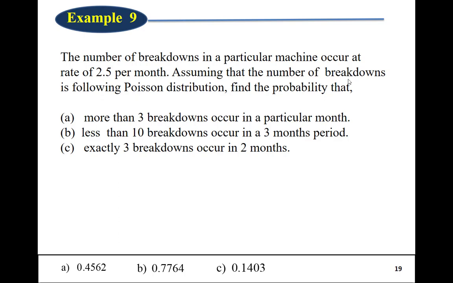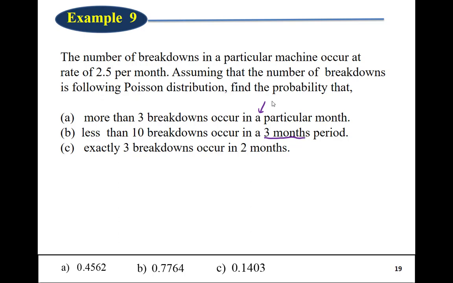Assuming that the number of breakdowns follows a Poisson distribution, find the probability that more than 3 occur in a particular month, less than 10 breakdowns occur in a 3 month period, and exactly 3 breakdowns occur in 2 months. For the first question, we have a month. For question B, we have a 3 month period. For question C, we have a 2 month period.